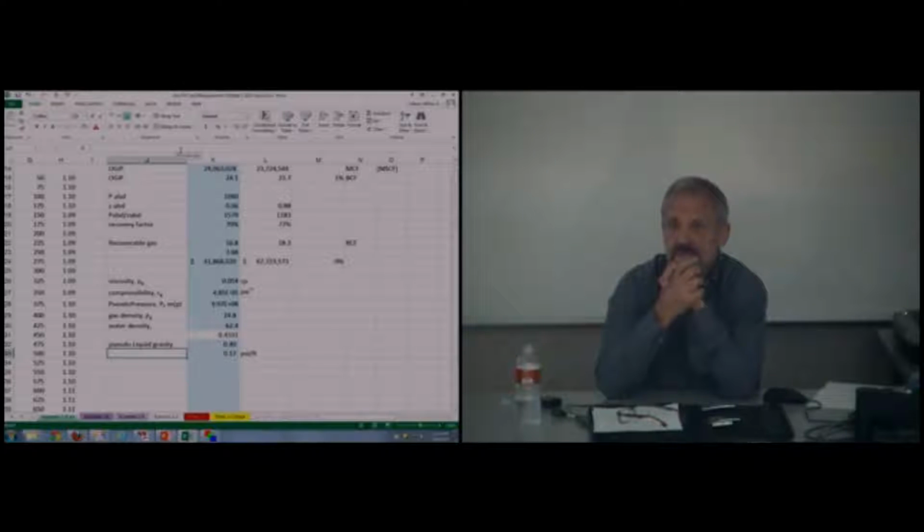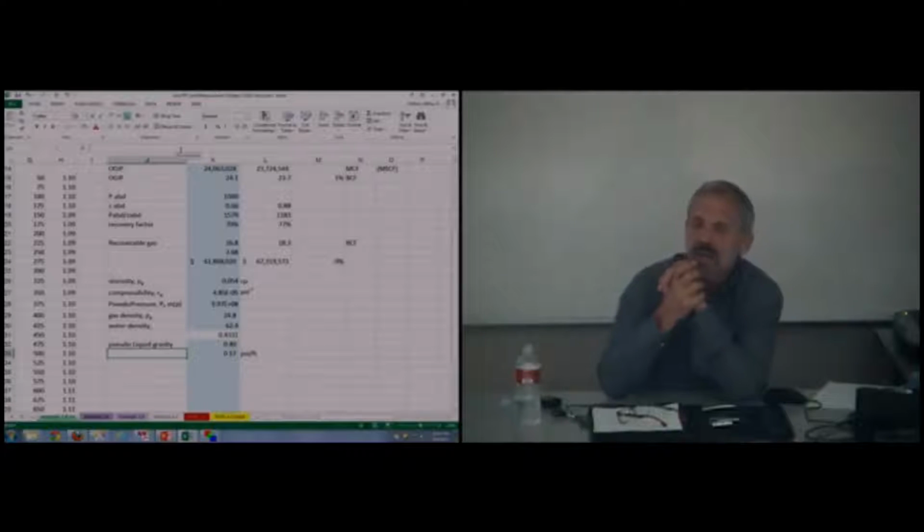I can't, but if your liquid gravity is greater than 1, then it would sink. So this floats because the apparent, I should use the word apparent, liquid gravity is 0.4. So it's still lighter than liquid, but it's much denser than air.